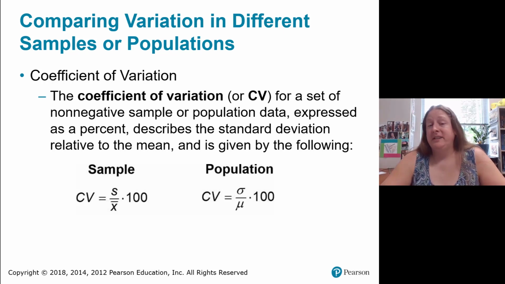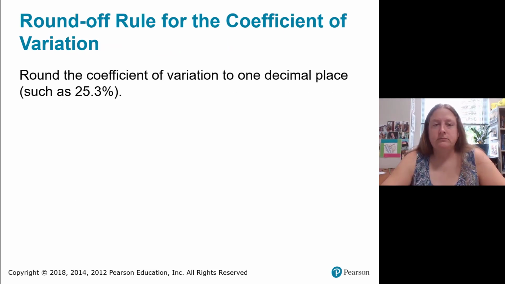So we can do that for a sample or for a population. So for a sample, we use sample standard deviation and sample mean, and for a population, we use population standard deviation and population mean. When we're calculating the coefficient of variation, we round it to 1 decimal place as a general rule.